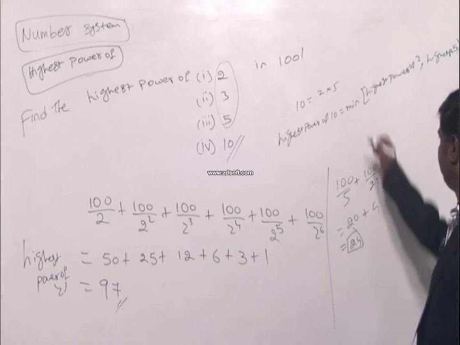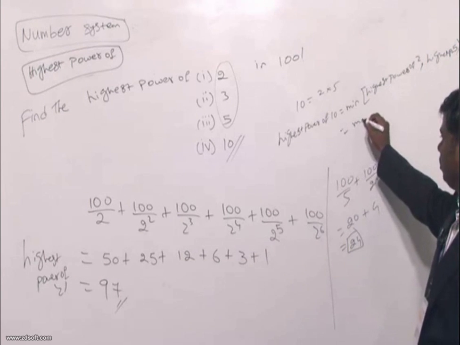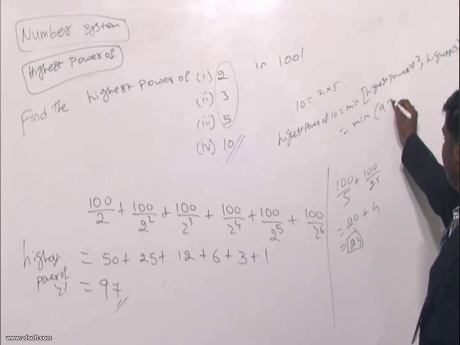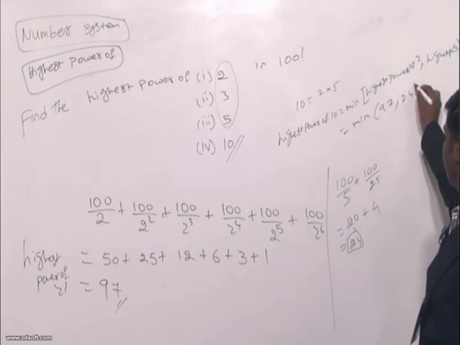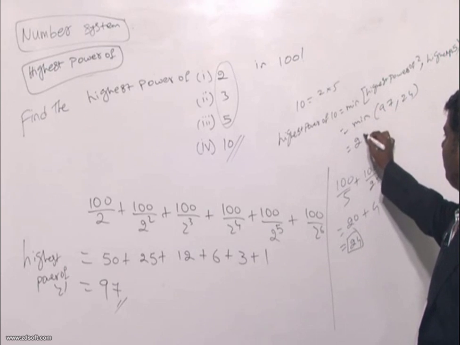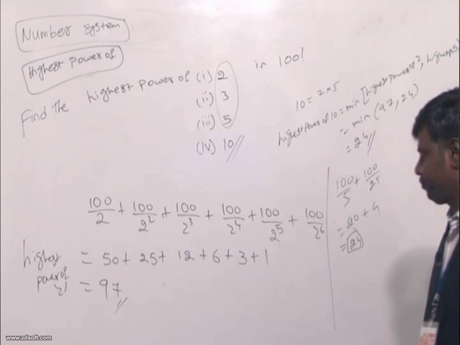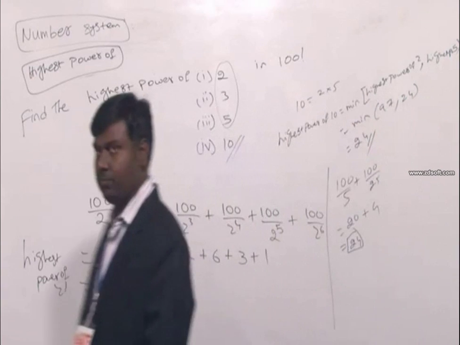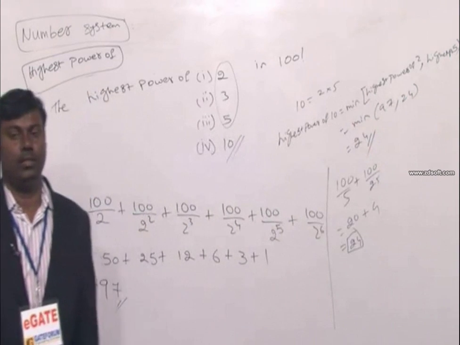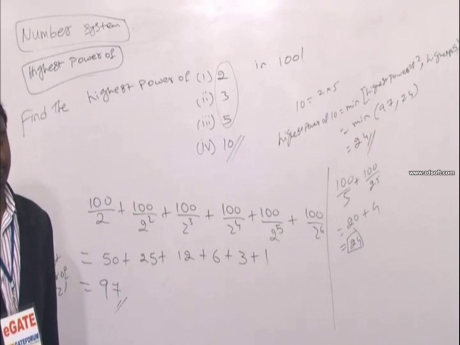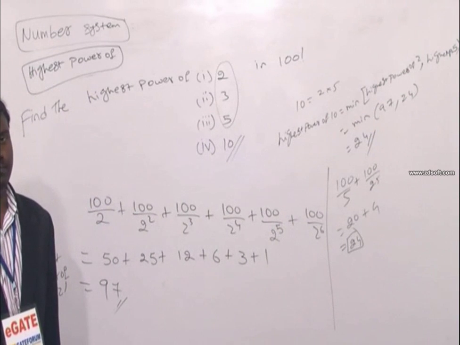So the highest power of 2 is 97, whereas here it is 24. Therefore the highest power of 10 is 24. That is how you can try this. Okay.